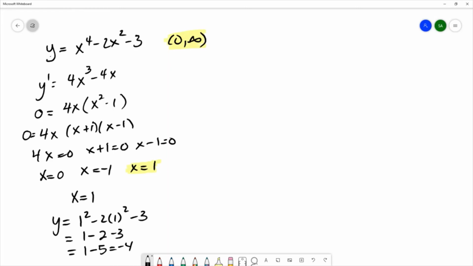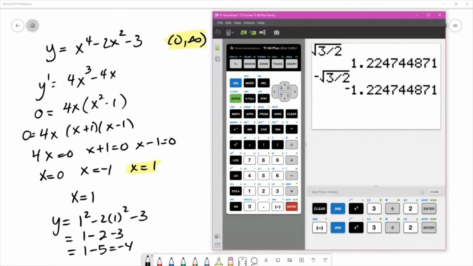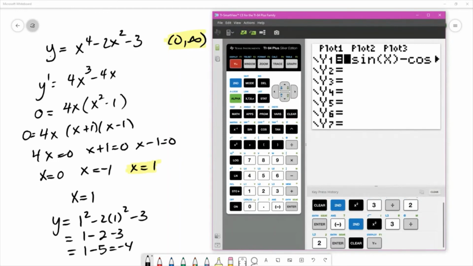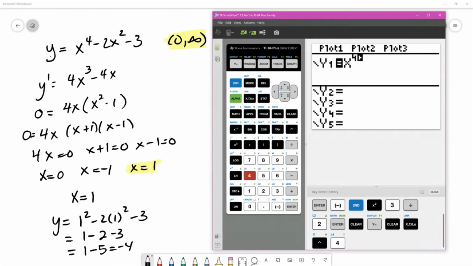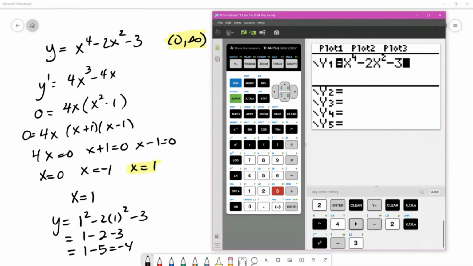So what I'm going to do is take a look at our graph of this function so I can decide if our function has an absolute max or a min at this one critical number that we have. So I'll type in our function and take a look at the graph.